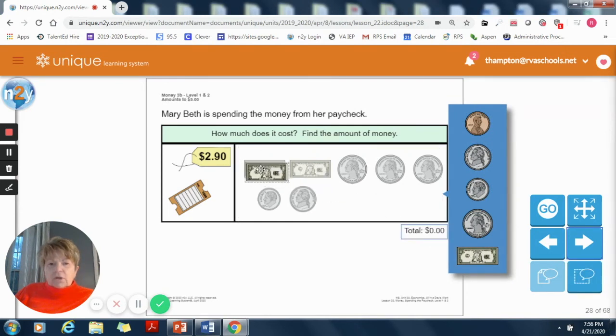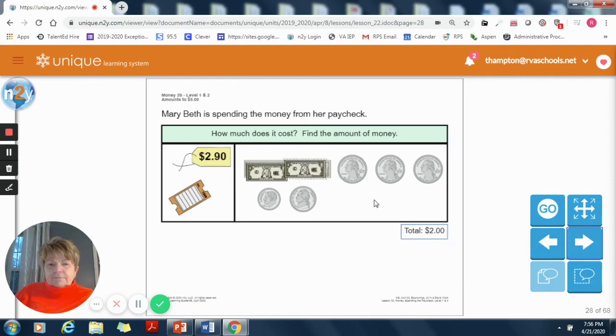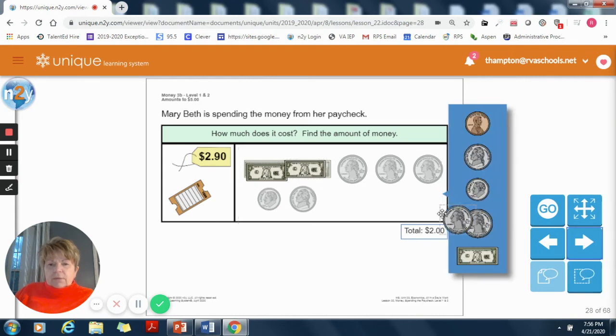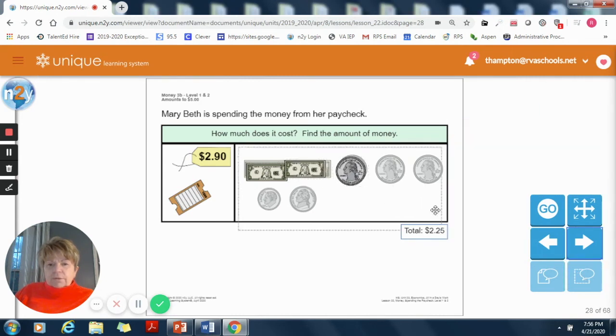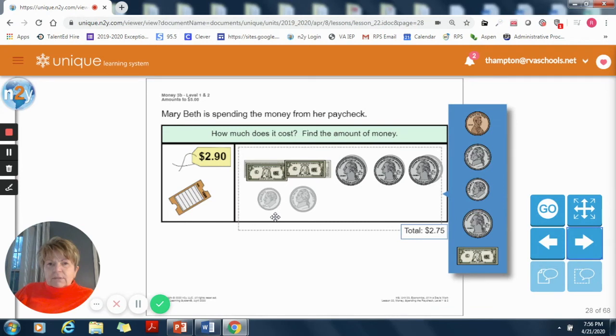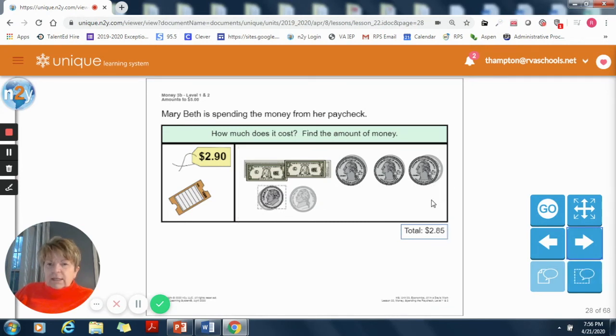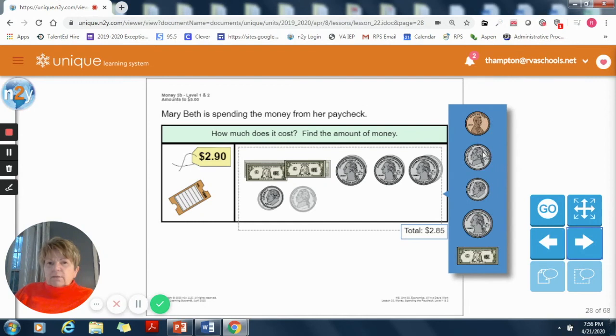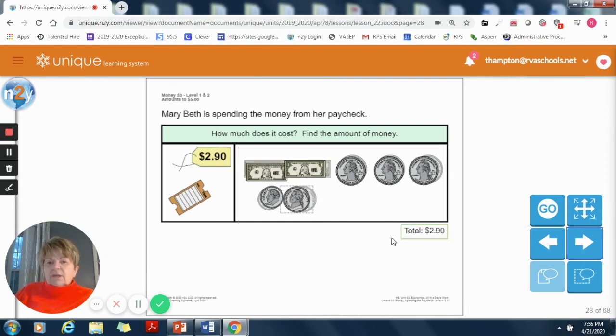We know we have two $1 bills, and we have how many quarters? 3 quarters. Very good. How many dimes? 1 dime, which is worth 10 cents, and 1 nickel, which is worth 5 cents, and we hit our $2.90.